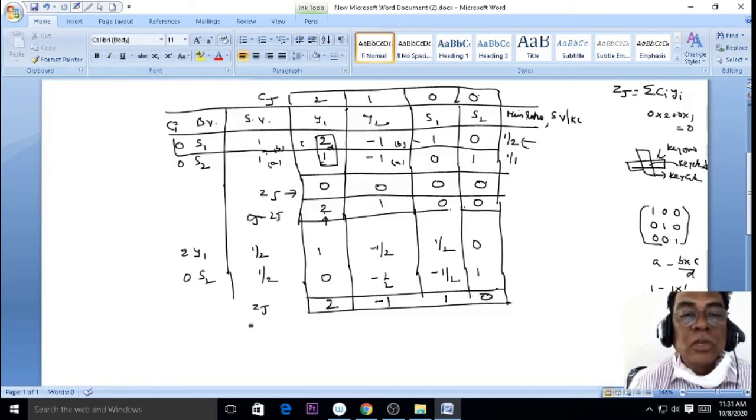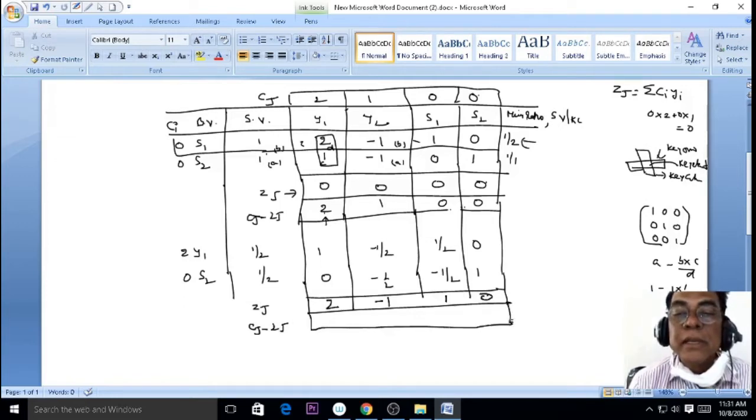Next go to Cj minus Zj. Same thing. What are the Cj values here? The Cj is given in the top row. 2, listen, this is 2. 2 minus 2, 0.